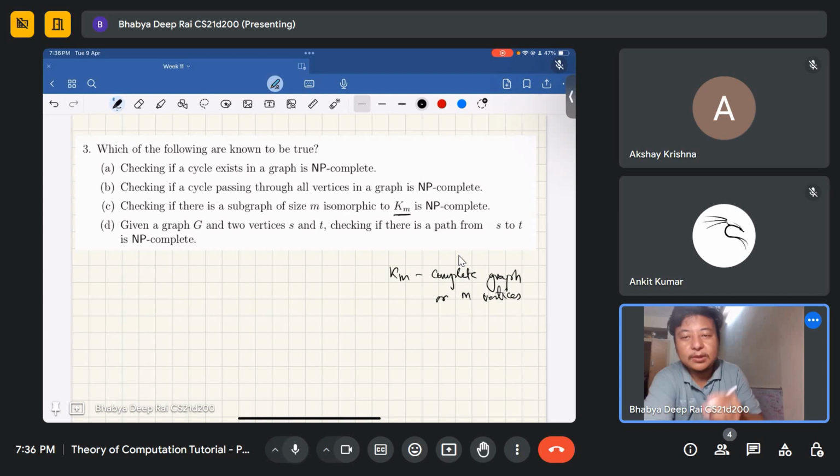Okay, let's look at the first one. Checking if a cycle exists in a graph is NP-complete.